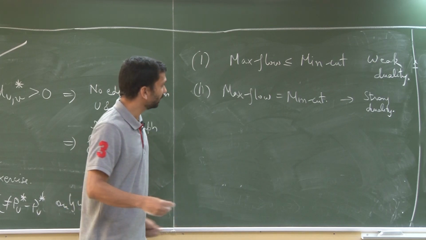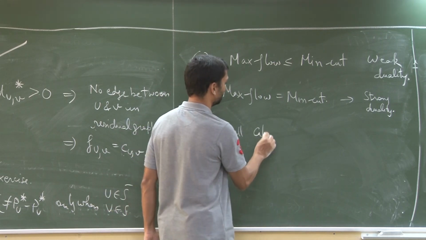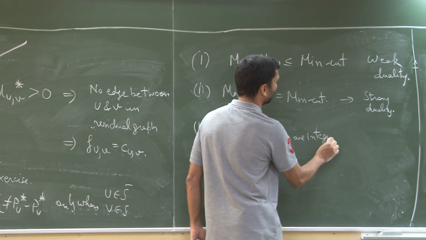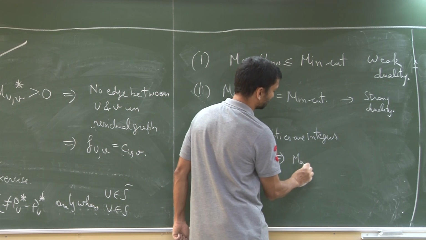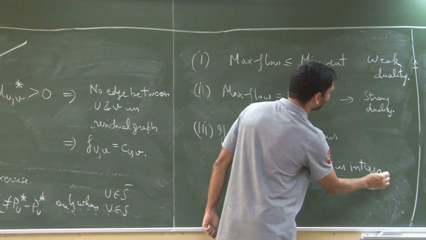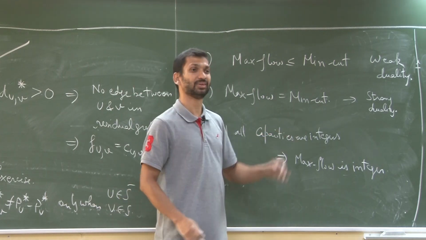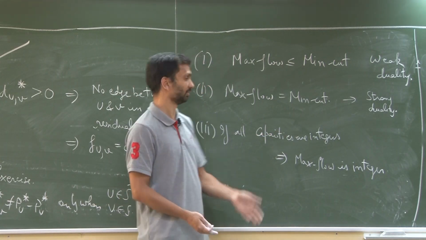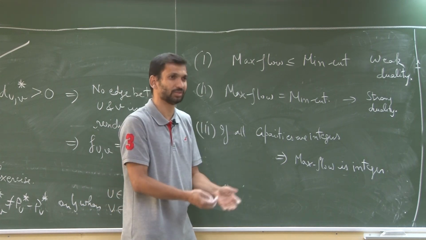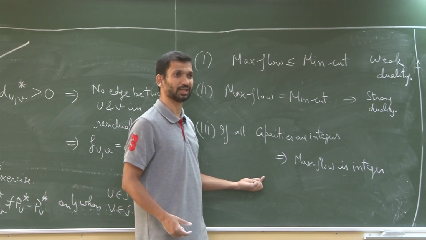Another very interesting thing we get is, if all capacities are integers, then the min cut is definitely going to be an integer, and the maximum flow is going to be an integer. This seems intuitive, but this is not easy.